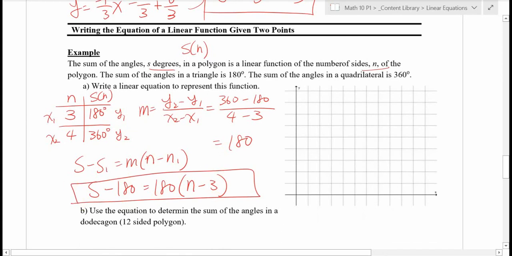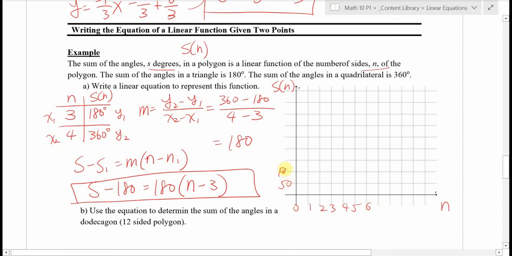Now if we want to graph this, we have the number of sides here, n, and this is the sum. So let's call it 0, 1, 2, 3, 4, 5, 6, and we'll go up by 50 degrees.